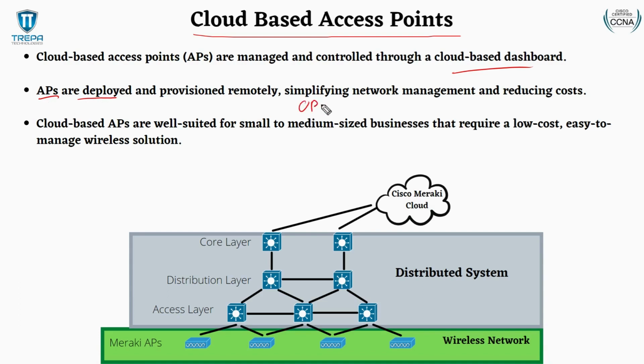Because now instead of having OpEx, which means that we have operational spending on maintaining wireless LAN controllers on premise, having actual engineers that need to be on premise to fix them, now we just do everything in the cloud. So for any small to mid-size or even large businesses, cloud-based APs are awesome. They're low cost and they're really easy to manage.